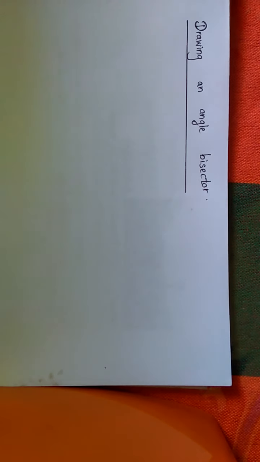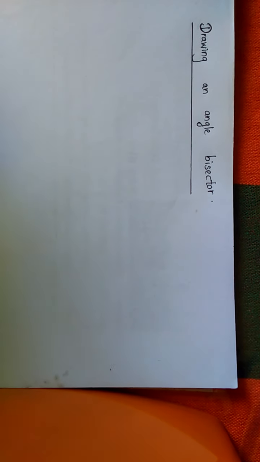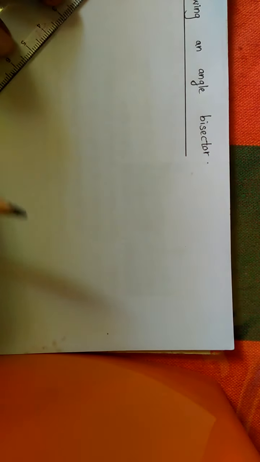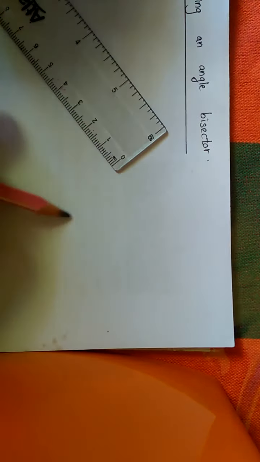Since our lesson is constructions, we should know how to draw an angle bisector properly. First I will explain what is called an angle bisector. Let's see how to do this.